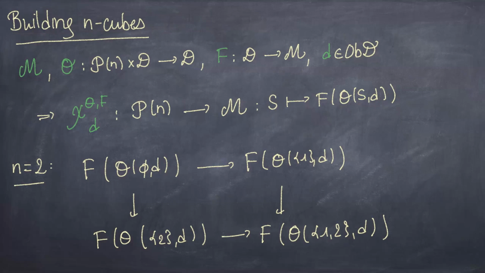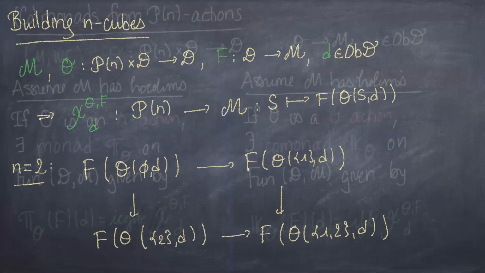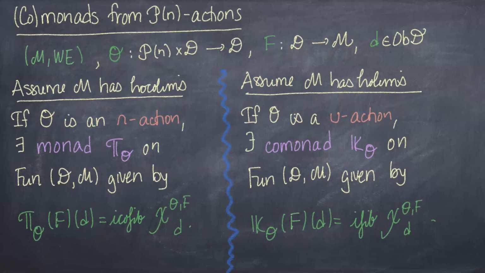Okay, so now that we have this idea of how to get a cubical diagram from theta, F, and d, we're going to use that to build our monads or comonads. So here's the recipe. We start with some category M equipped with weak equivalences. We start with theta, which is going to be this map again from P of n cross D to D, a functor F from D to M, and an object little d in D. If our theta is now an action with respect to intersection, we can build from it a monad, T theta, on the functor category, the category of functors from D to M, such that if I have this functor F, I apply T theta to it, it should give me another functor.